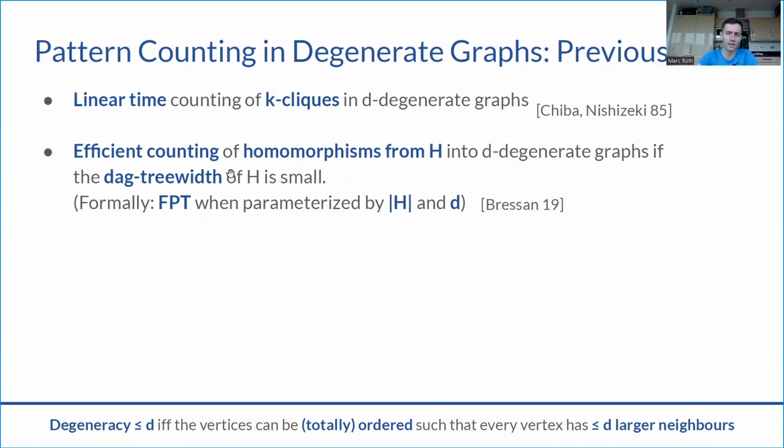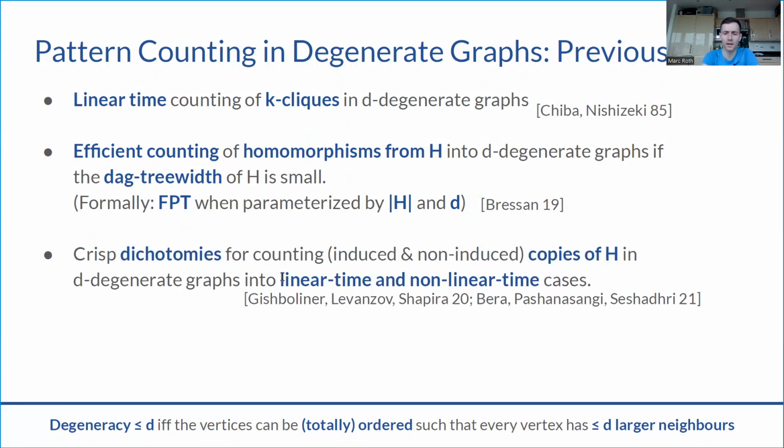I won't go into the details here because we don't need the details for this video. But essentially, Bressan gave an algorithm that can count homomorphisms from a graph H into a degenerate graph if the so-called DAG tree width is small. DAG tree width is a tree width version that works well for directed acyclic graphs. But in a nutshell, this is just a generalized version of the Chiba and Nishizeki algorithm.